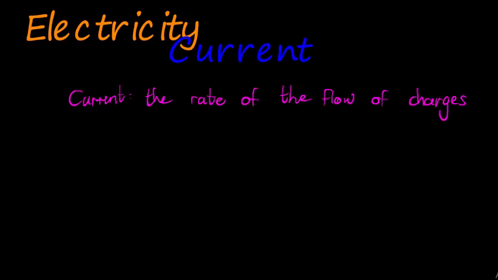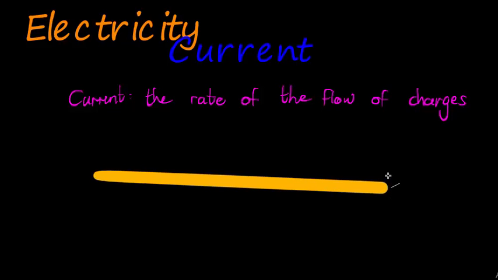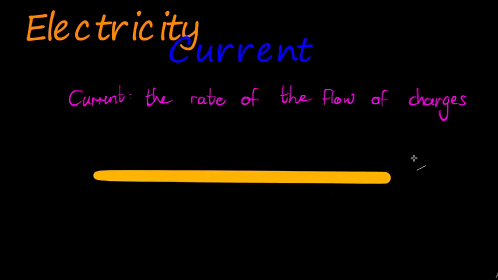Now, if you've watched the previous video, you'll know that I defined a charge like this. We defined electrons as these little things that move in a conductive material.